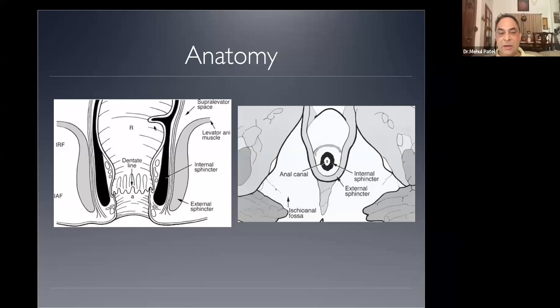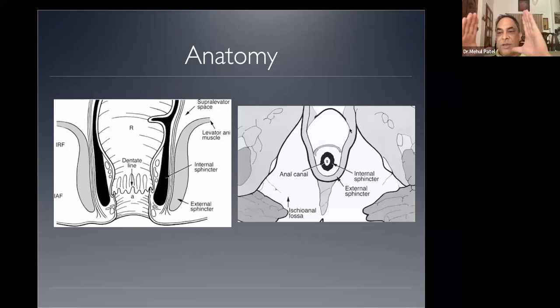So this is the coronal plane. Then on the axial plane, you're going to have the mucosa. Then you're going to have the internal sphincter, which is the black line here. And then you're going to have the external sphincter, which is the sort of gray block here. And this is the front of the external sphincter. And the external sphincter will continue anteriorly at the right level as the puboanal sling.